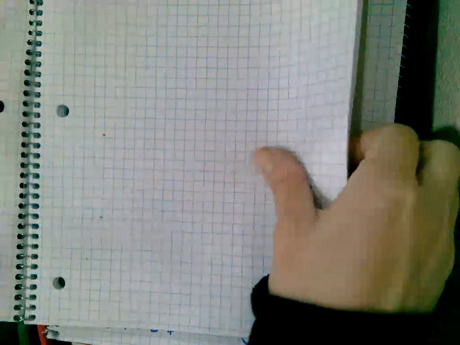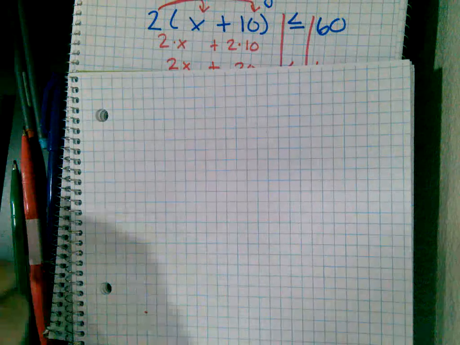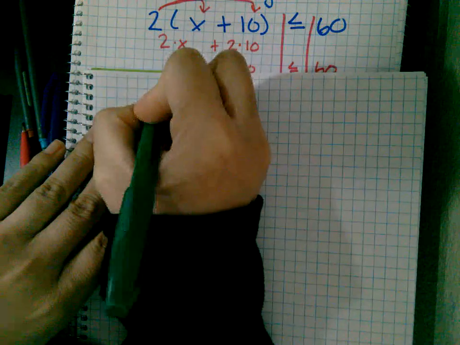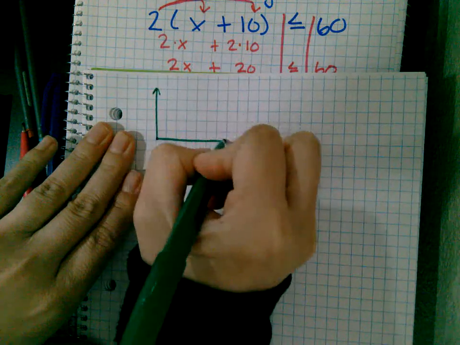All right, let's do another one. A little bit harder. I'm going to trick you. Don't get tricked. Warning you. Don't get tricked. Okay, let's do another graph. They don't have to be huge.